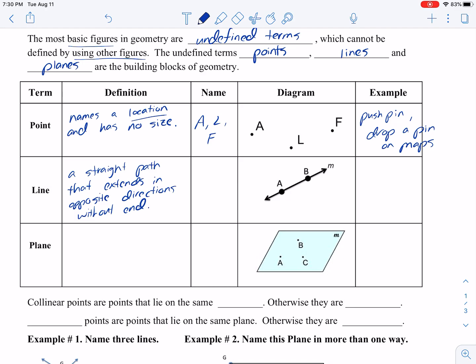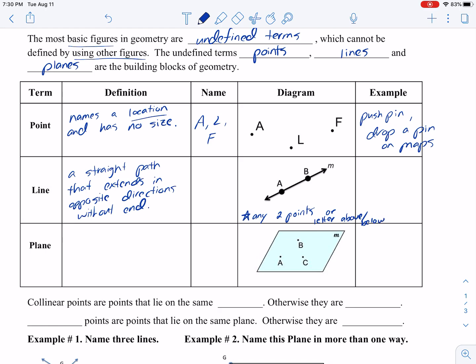You probably saw a lot of lines in algebra last year. The way we name a line is any 2 points. Just make a little note of that here. Any 2 points on that line, or the letter above or below that line.